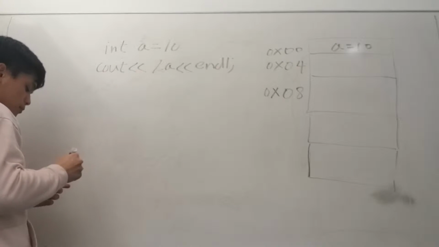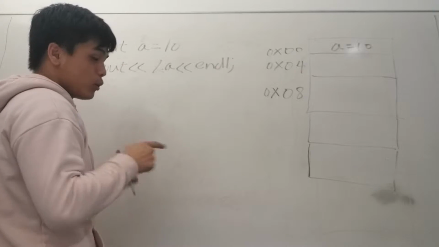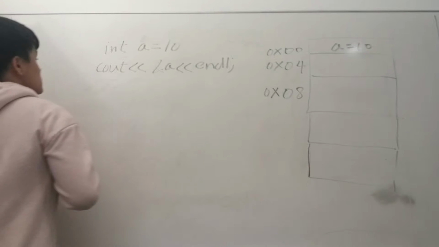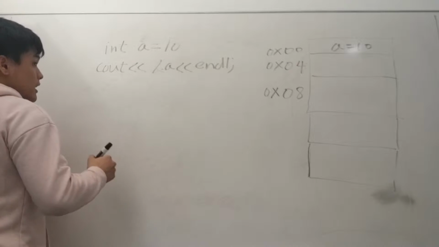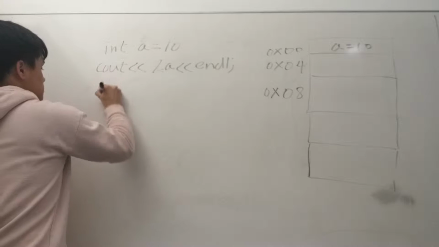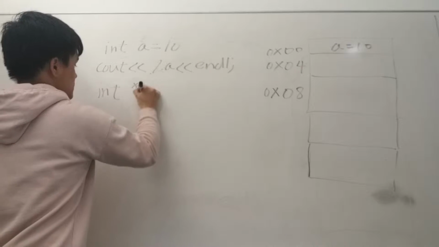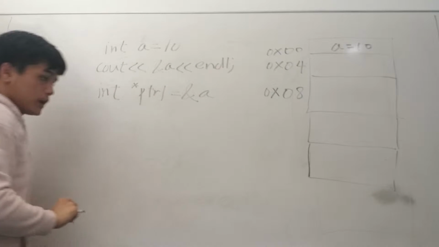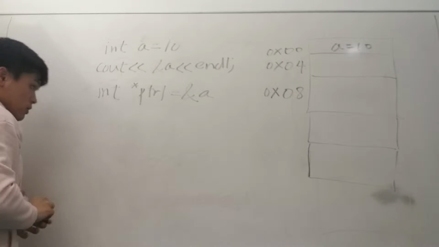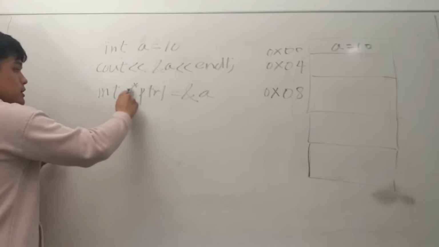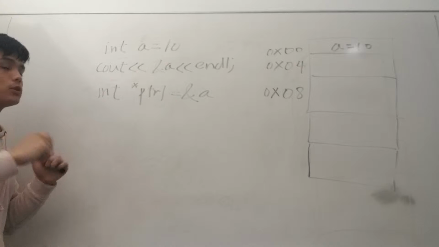A pointer is an object that points towards the address of the object that it's trying to point towards. So basically, assume that I have this, which is the syntax for defining a pointer, okay? The program knows it's a pointer because I have the star sign up here.